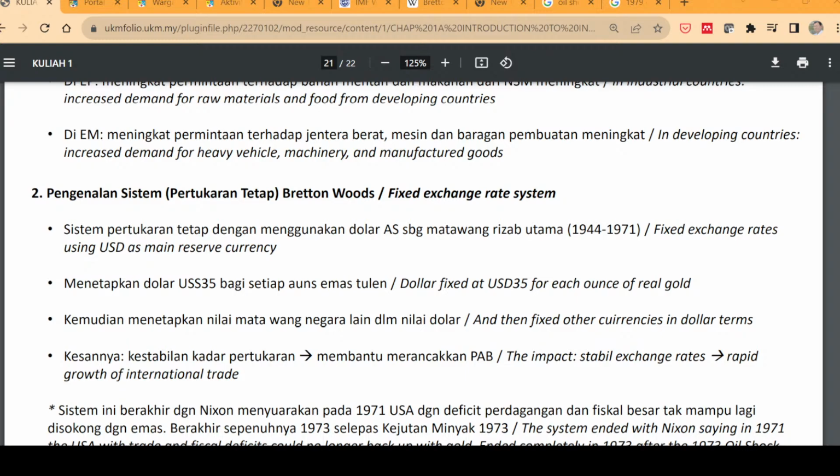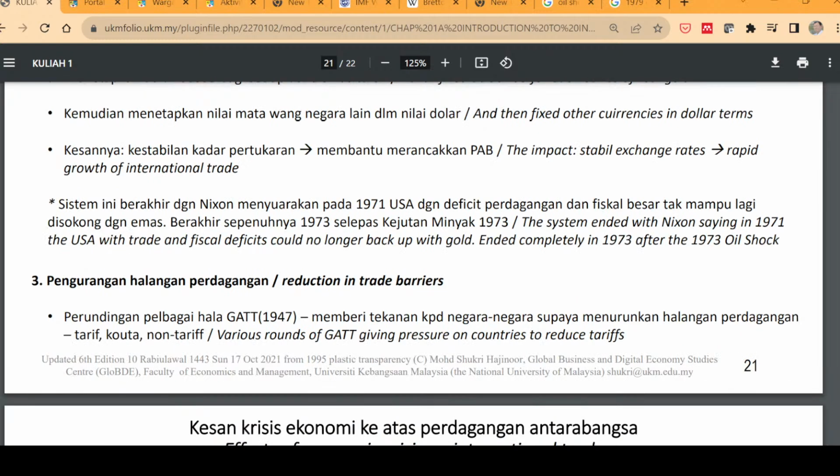And the third factor was the reduction in trade barriers. It was proposed at that time, the International Trade Organization, ITO.